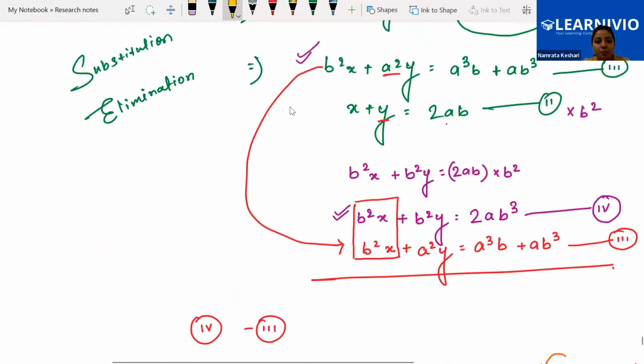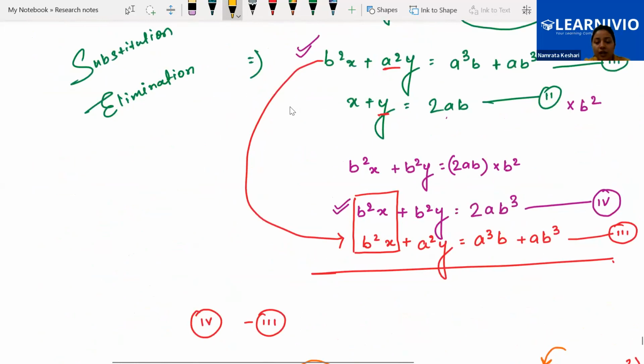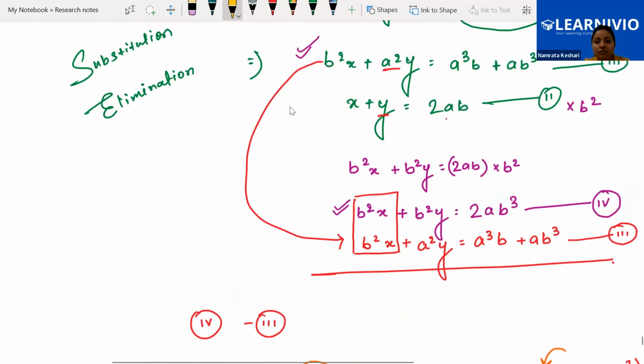Again, I would just keep my screen over here so that you can see equation number 3 and equation number 2. Y value we have got as AB. Please find the x value, Harshit and Ziana.